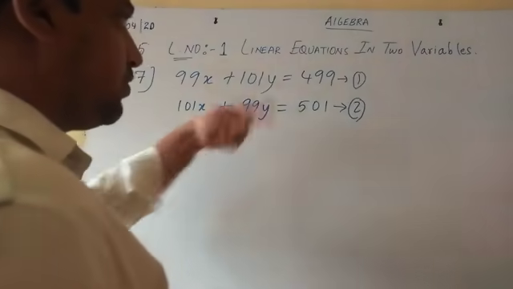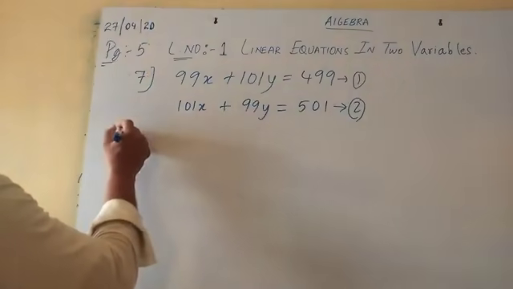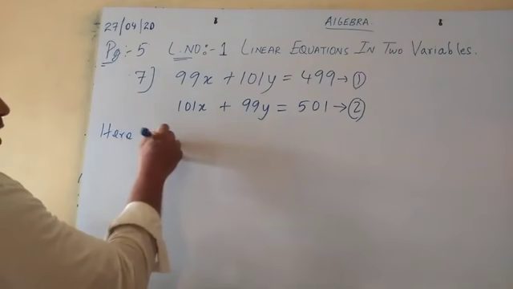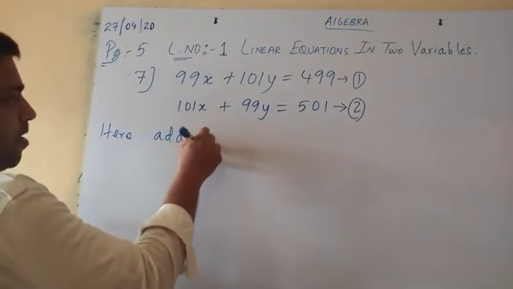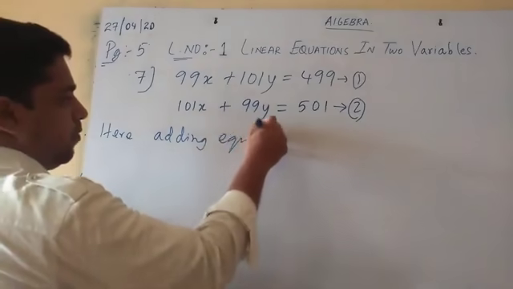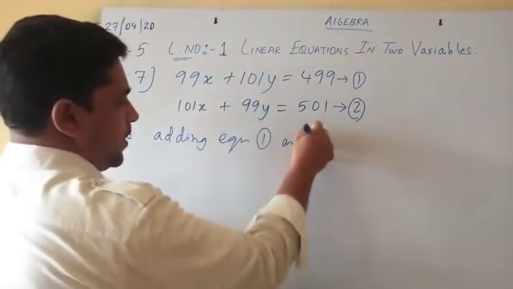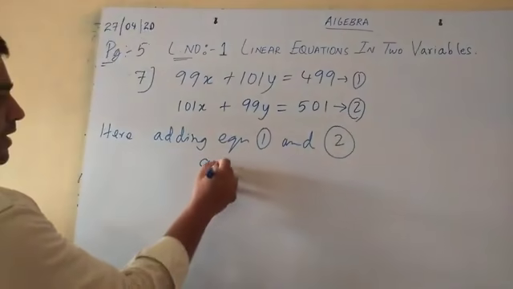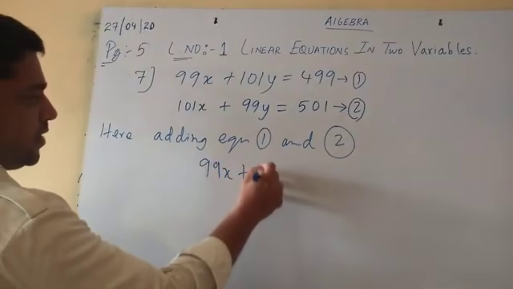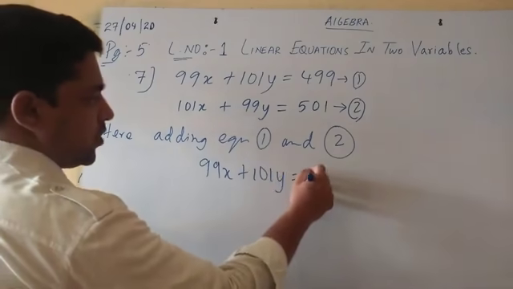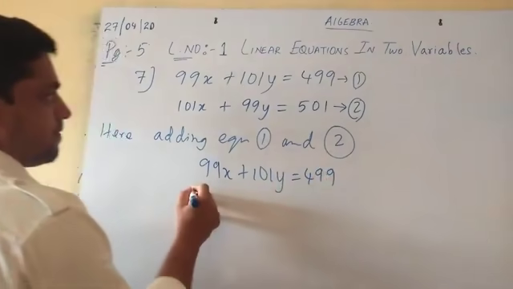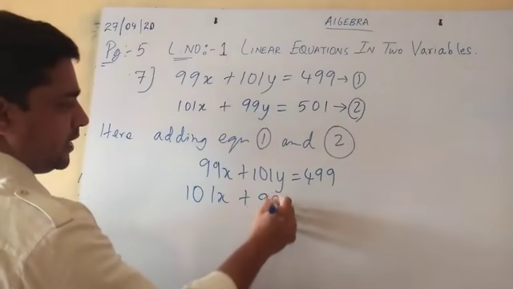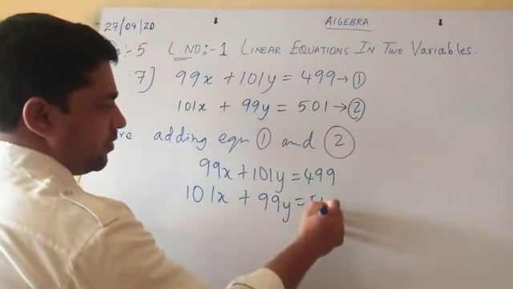So if I add equation 1 and 2, let's add 99x plus 101y is equal to 499, and 101x plus 99y is equal to 501.